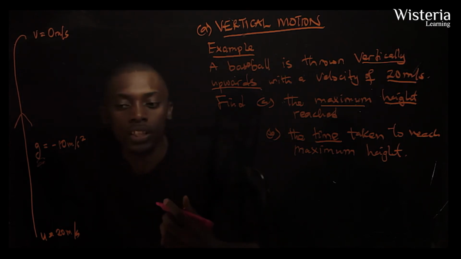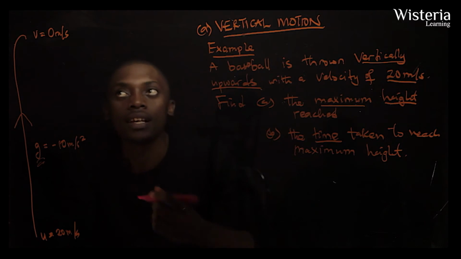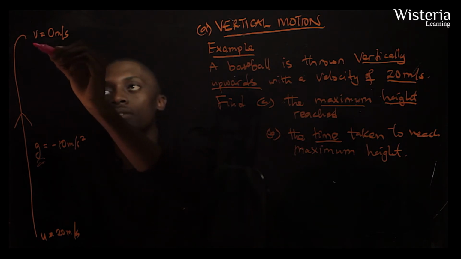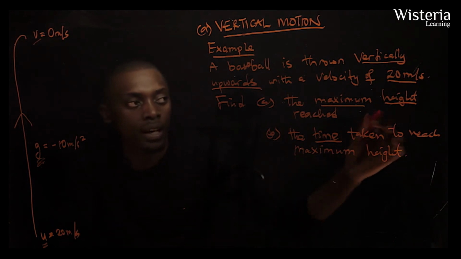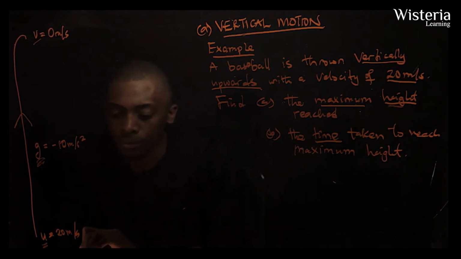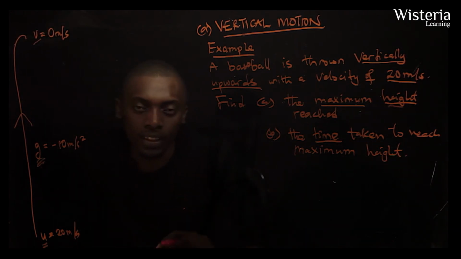Therefore, we need to find an equation that has final velocity, gravity, and initial velocity with height in it, in order to find the height.